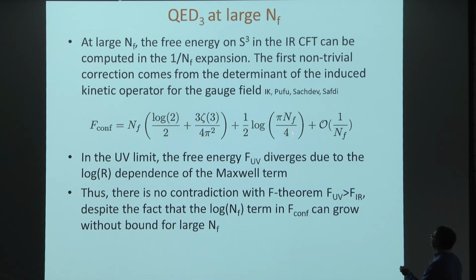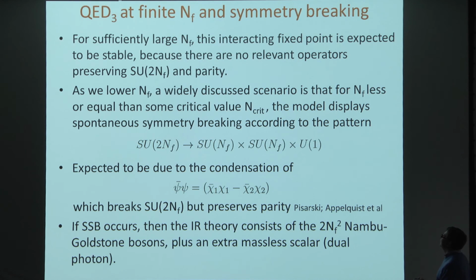Actually, the gauge field brings in this log correction. Even though this grows without bound, it does not violate the F theorem because the UV Maxwell theory, which is decoupled, is not conformal in 3 dimensions, and it has, strictly speaking, a divergent value of F. I'll make a comment at the very end about this formula.